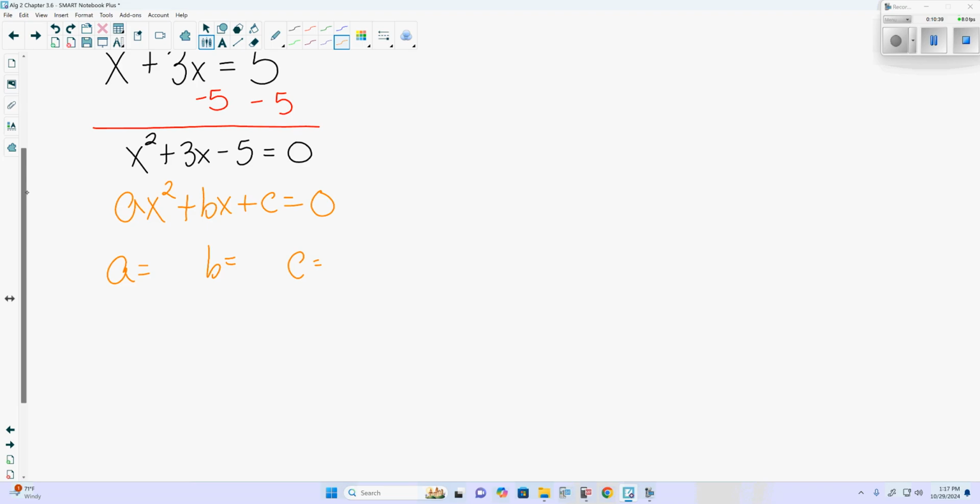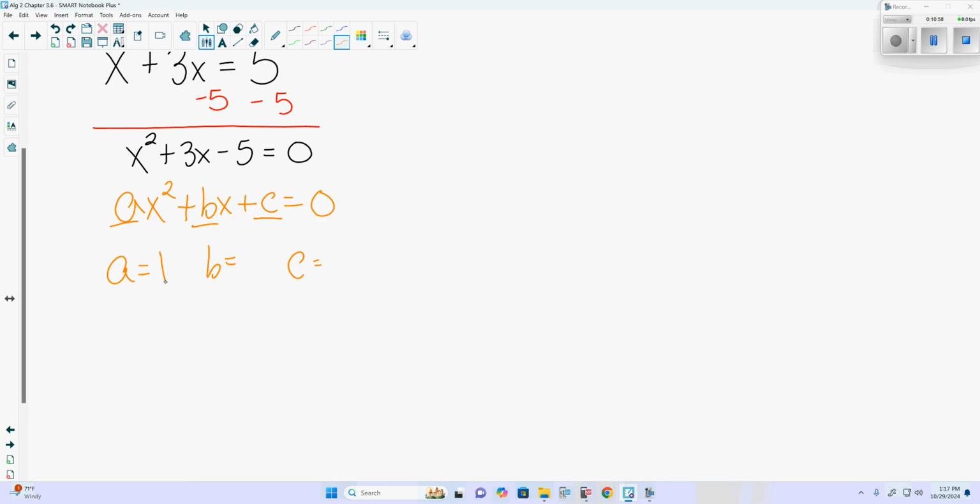Now we need to find the values of a, b, and c. A is going to be the number in front of x squared, b is the number in front of x, and c is our constant term. So looking at this, the value of a is 1, because it's just the number in front of x squared.